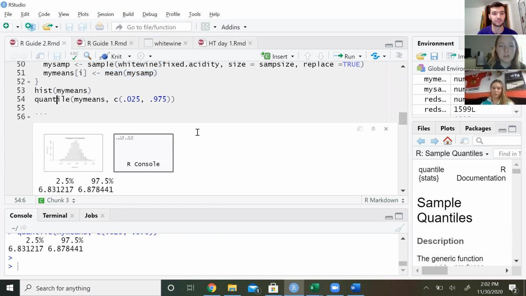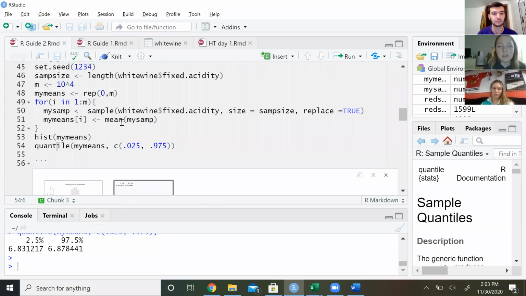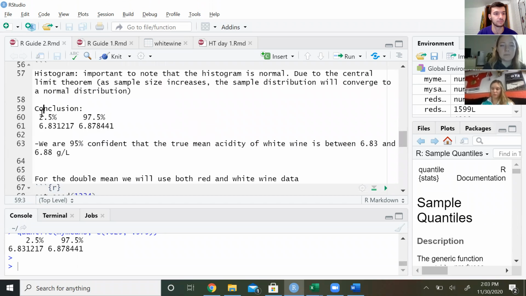So for this particular example, our 2.5% boundary is this 6.83, and then our 97.5% boundary is 6.87, which again is the mean of our resample, or our bootstrap resample vector. So then I just copy and pasted it down here.